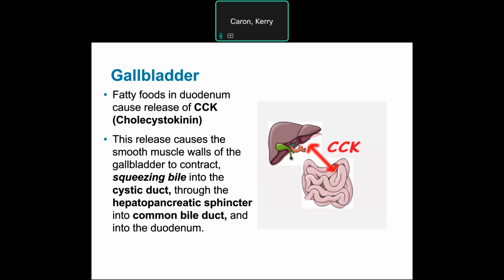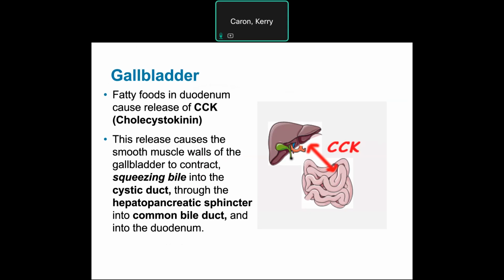This CCK gets released, and the smooth muscles of the walls of the gallbladder are going to now contract, squeezing that bile into the cystic duct through a sphincter called the hepatopancreatic sphincter, into the common bile duct, and now into the duodenum.